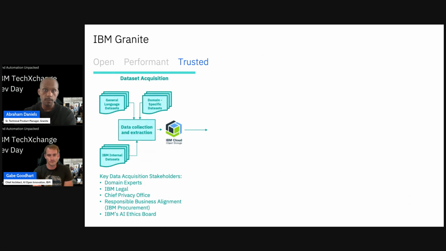And then again, from the data perspective, all of the data that underpins our models goes through a really robust pipeline that starts with data identification and acquisition. As part of this acquisition process, we liaise with not only domain experts, but IBM legal, as well as IBM ethics and responsibility, to ensure that we align with responsibility guidelines.